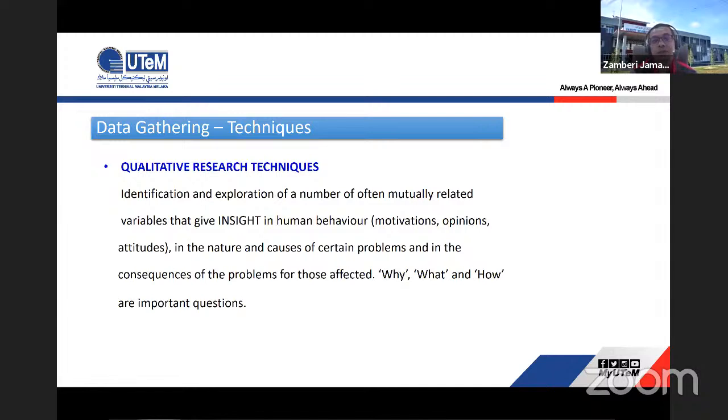For example, if I would like to work on a new machine setup, maybe I would start with a questionnaire for machinists or technicians who work on machining, getting data about the why, what and how that could then be translated into my research problem statement.